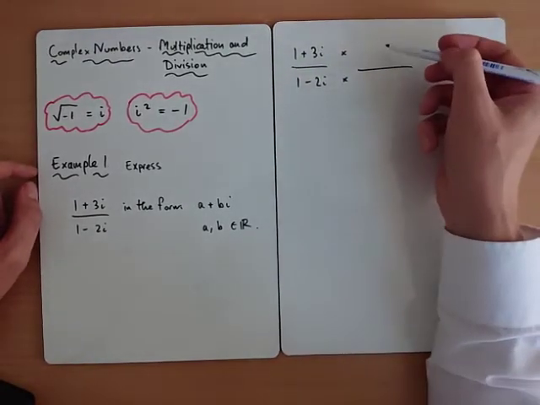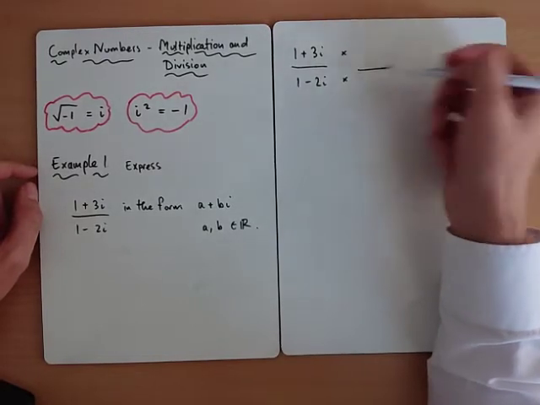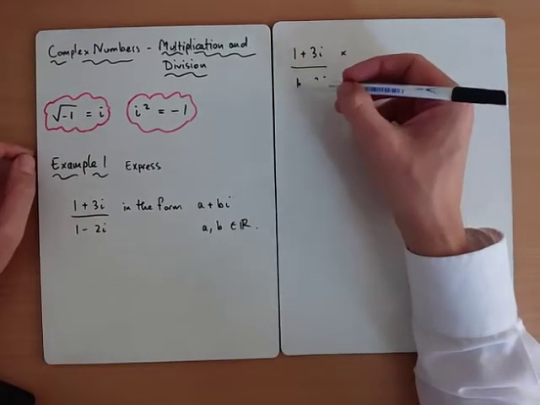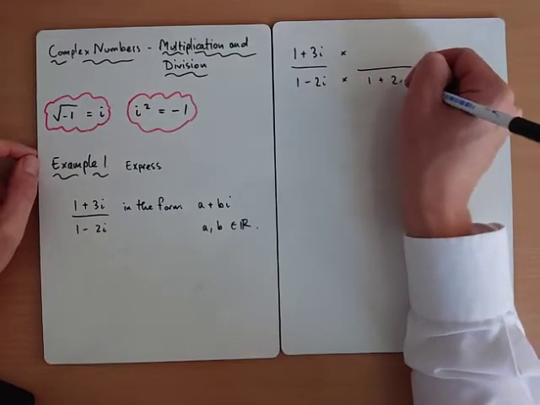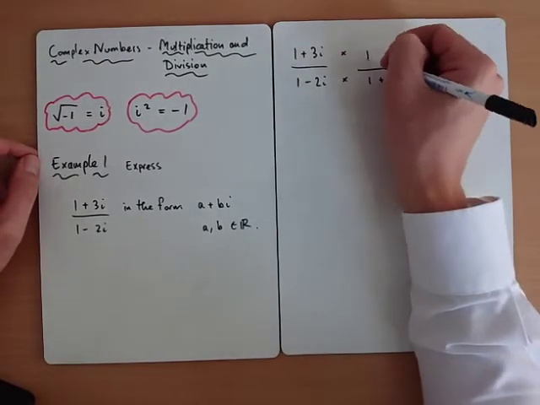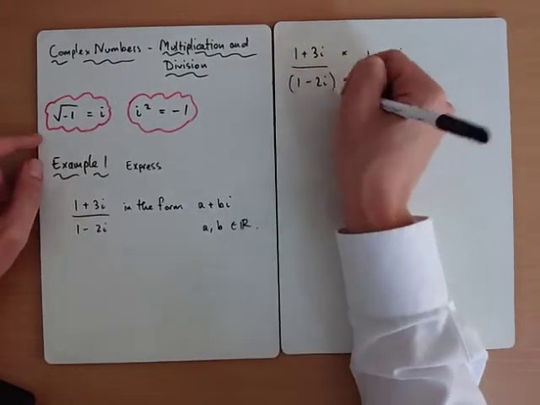Remember how fractions work. As long as I multiply it on the top and the bottom by the same thing, it's going to keep the fraction the same, but we're aiming to write it in a different way. And if we've got 1 minus 2i on the bottom, we multiply by 1 plus 2i. Now if you multiply by 1 plus 2i on the bottom, we have to multiply by 1 plus 2i on the top.